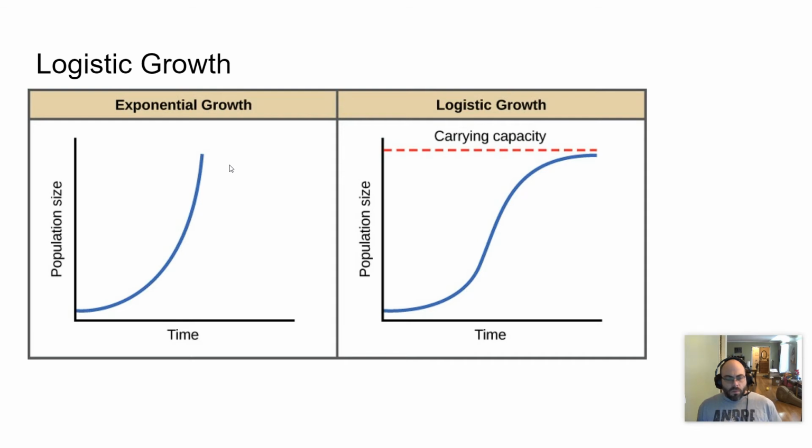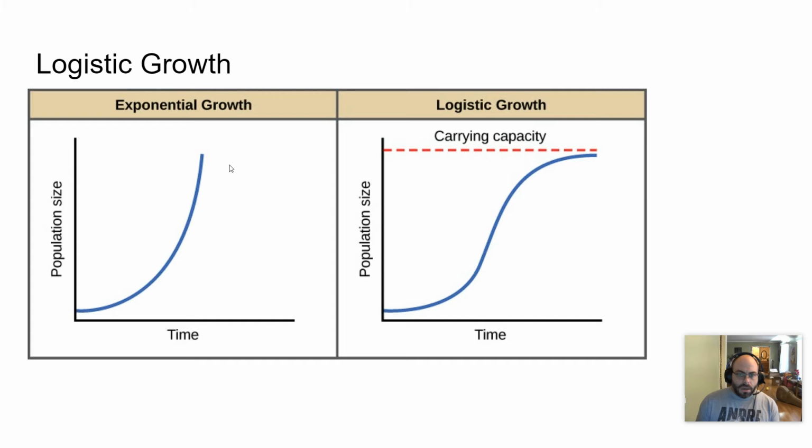So when we talk about populations growing, according to these limiting factors like these density dependent or density independent factors, we aren't typically dealing with exponential growth, which is what we talked about in the last lecture, where a population is growing without any limitations.